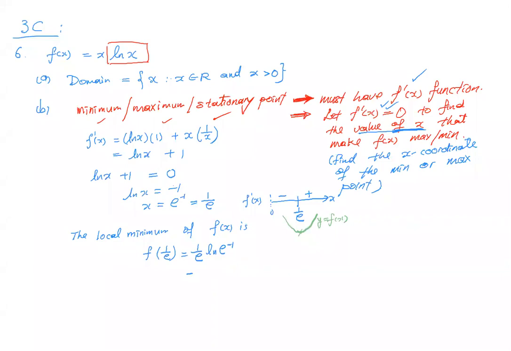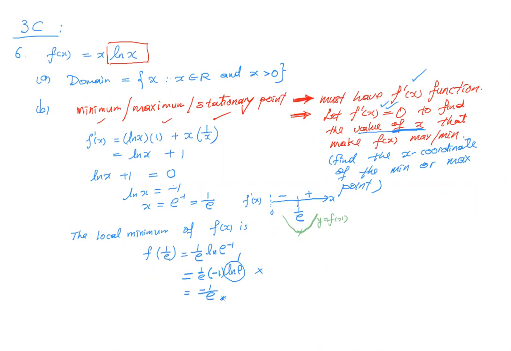So it will be equal to negative 1 over e times -1. ln e is 1. This step you don't have to write if you don't want to. You can just say this is -1 over e.